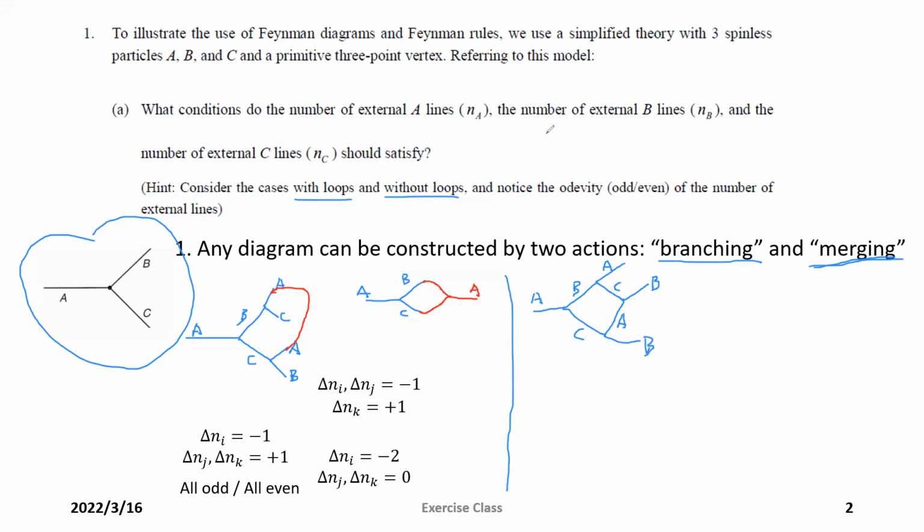So how is this diagram constructed? So we can first start with a primitive vertex.